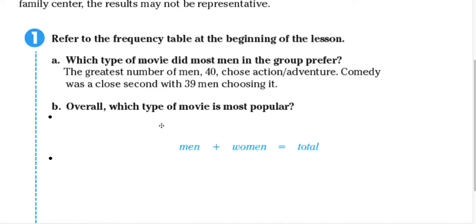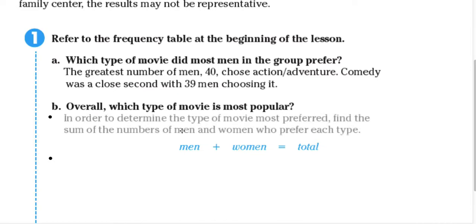Overall, which type of movie is the most popular? Again, by just looking at the frequency table, we need to find the sum of the numbers of men and women who prefer each type. Simply add men plus women to give you the total number.